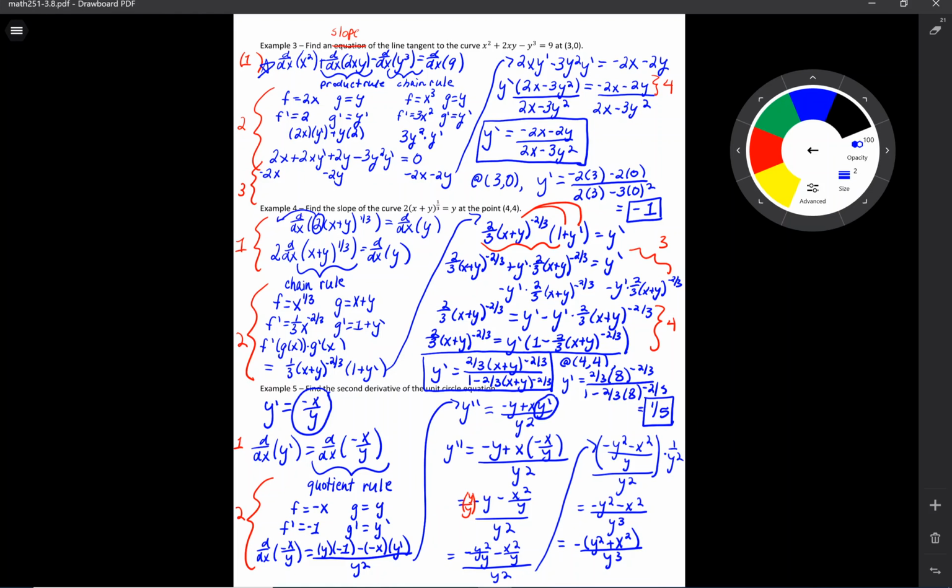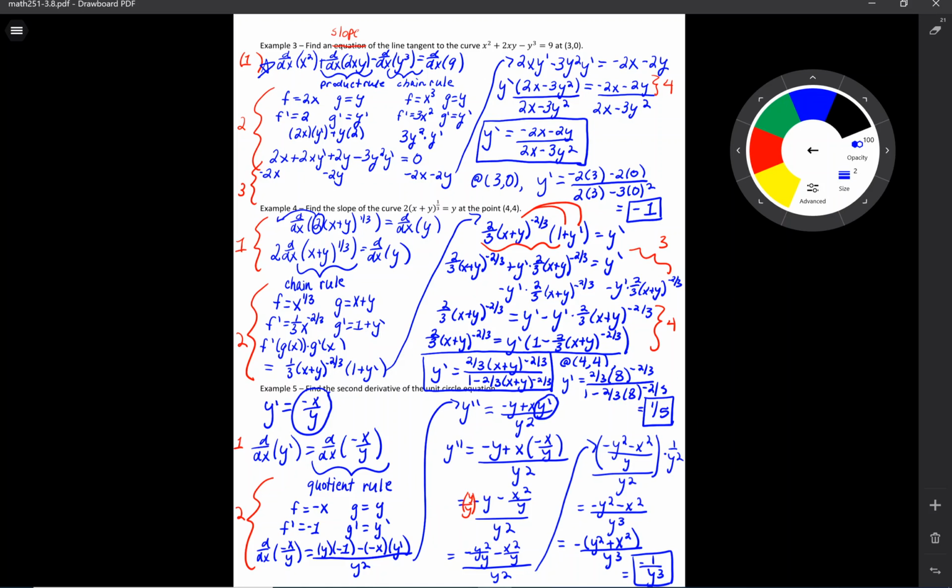So this is really negative 1 over y cubed. Interestingly enough, the second derivative of the unit circle equation only depends on our y value. That is pretty interesting, I think. So, yeah, this is the second derivative of the unit circle equation.